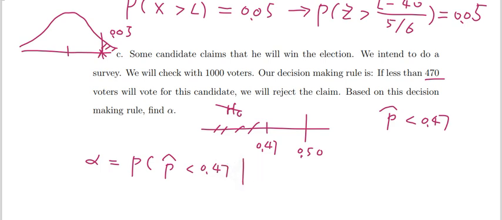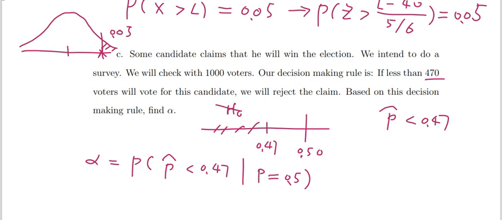So when their claim is true, if P hat is less than 47, we believe he will lose the election. But actually, the chance is still half. We cannot say he will lose the election.